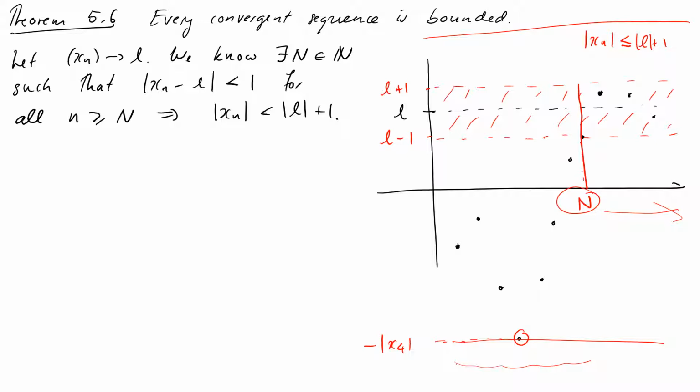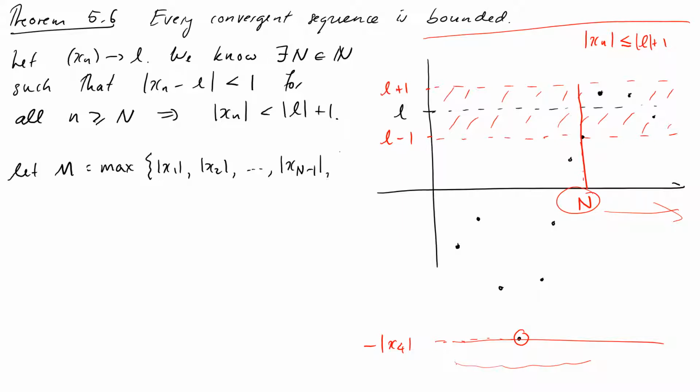We just need to find our actual bound, which is just going to be the maximum. Here's where we can express it quite tidily. Let m be the largest of the absolute value of x1, the absolute value of x2, all the way up to the absolute value of x, capital N, minus 1.